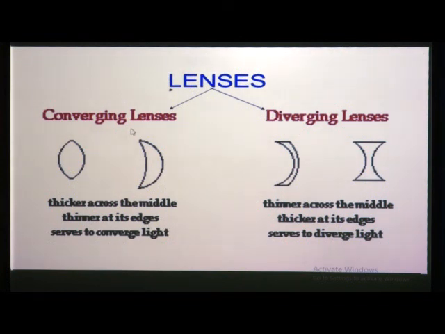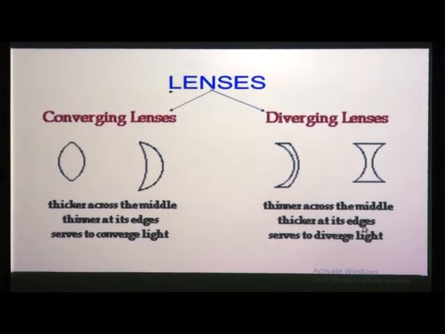How does a converging lens look? It is thicker at the middle and thinner at the edges. These are the two edges of this lens and they are thinner. It serves to converge light. In diverging lenses you can see it is thinner across the middle and thicker at its edges.